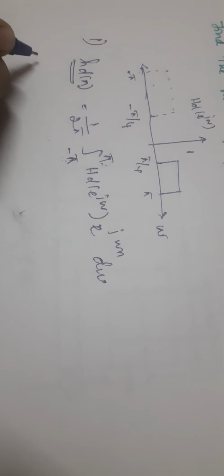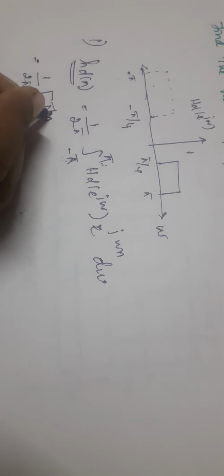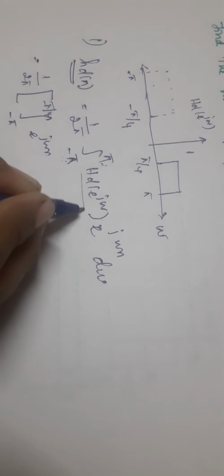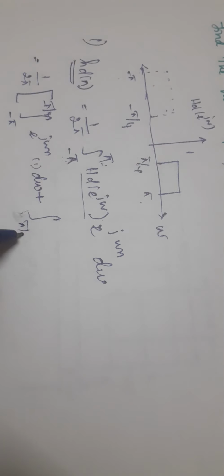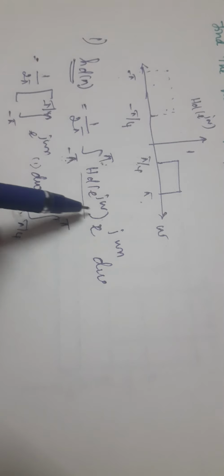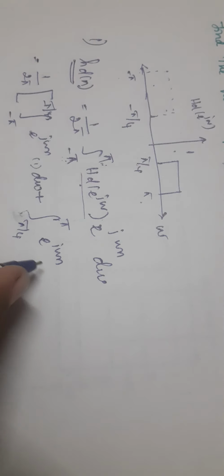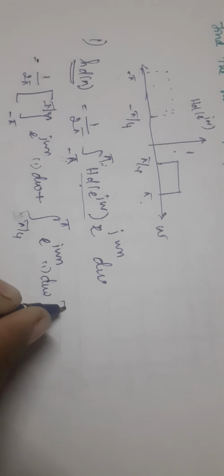This equals 1/(2π) times the integral from -π to -π/4 of e^{jωn} dω, where H_d is 1, plus the integral from π/4 to π of e^{jωn} dω, where H_d is also 1.